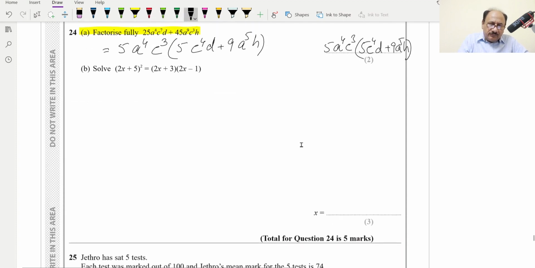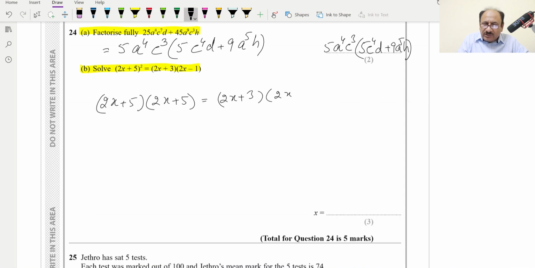Now this one, b part, solve this algebraic equation. We can rewrite (2x + 5) squared in this format, and this will be equal to (2x + 3)(2x - 1).